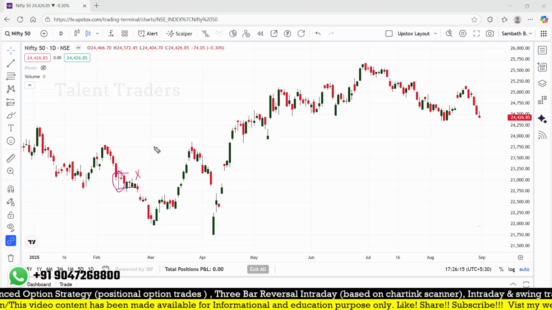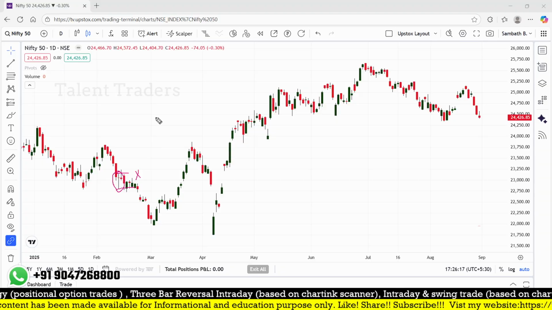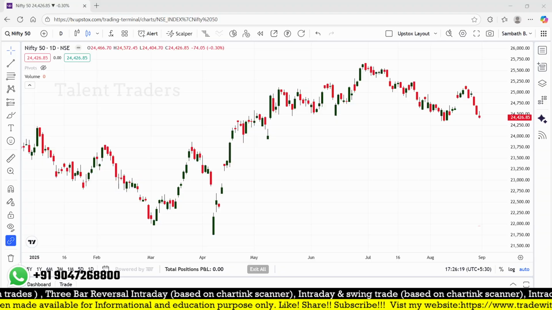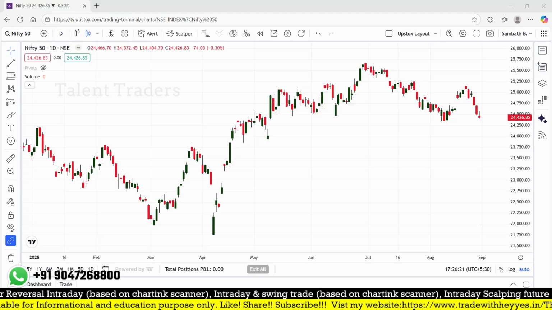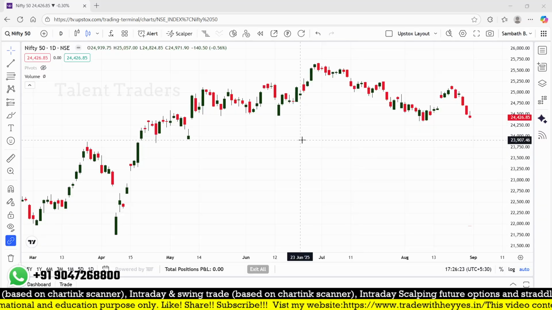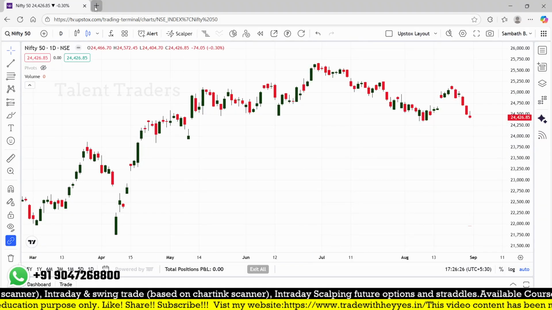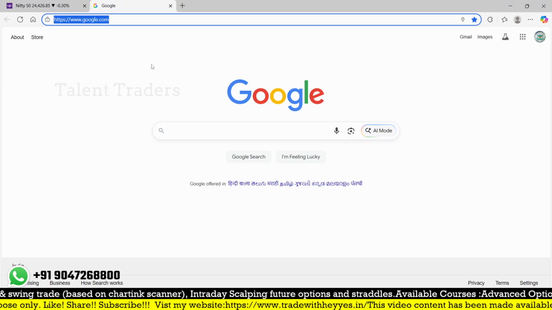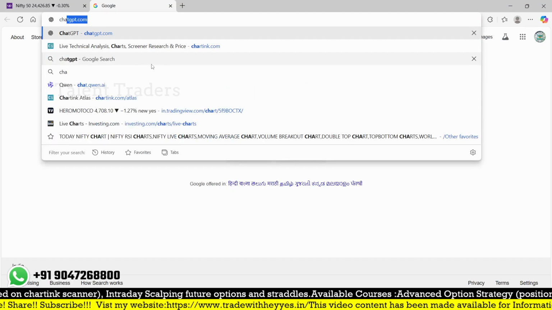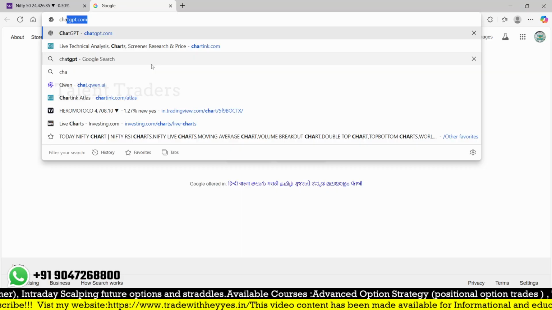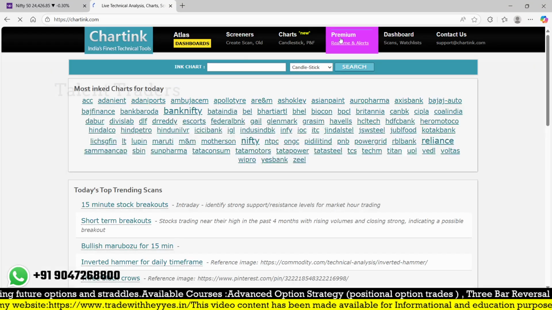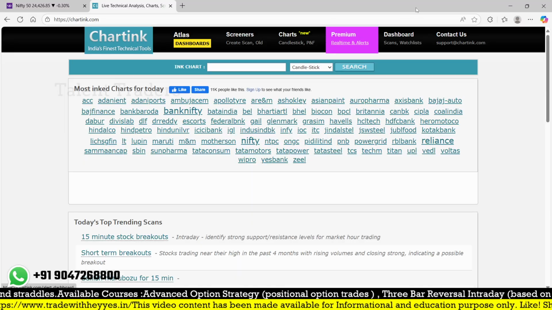So why are the swing scanners not giving you any stocks in an uptrend market? Because we created a condition that it should happen at a lower level. For example, if I just want to find a doji with charting, we discussed the doji pattern in Heikin Ashi candles yesterday, I think 2 days back. That's a different concept.